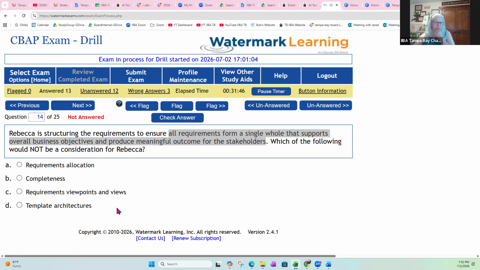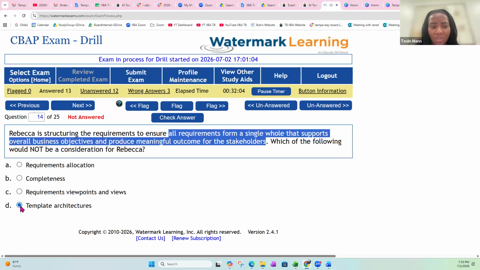Let's eliminate one. We need requirements allocation. We need completeness. We need viewpoint and view. What is template architecture? It sounds like a made up thing, because I don't think I've come across anything that says template architecture.